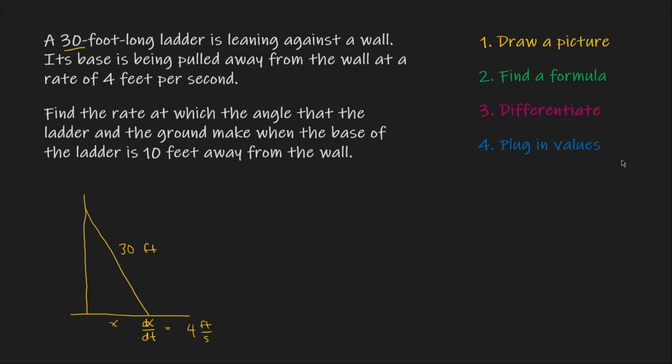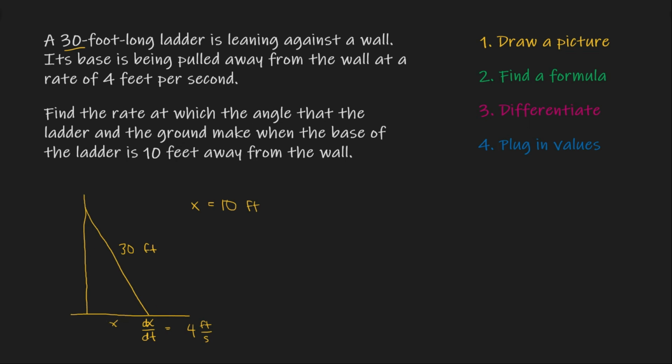So the second part tells us to find the rate at which the angle that the ladder and the ground make when the base of the ladder is 10 feet away from the wall. So this second part tells us that we're dealing with the instant that this distance right here is 10 feet. So let's write x equals 10 feet to tell us that this is the instant that we are dealing with. Then it's talking about the rate of the angle that the ladder and the ground make.